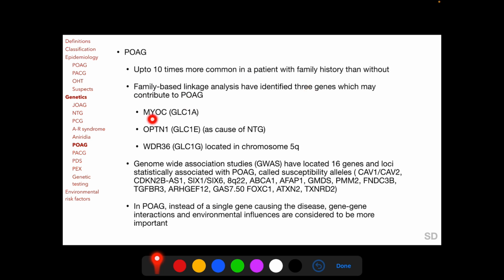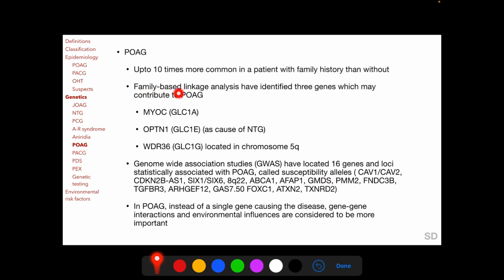These include the MYOC gene, which is also implicated in juvenile open-angle glaucoma, OPTN1, which causes normal tension form of primary open-angle glaucoma, and WDR36. But genome-wide association studies have located 16 genes and loci statistically associated with POAG, and these are called susceptibility alleles.